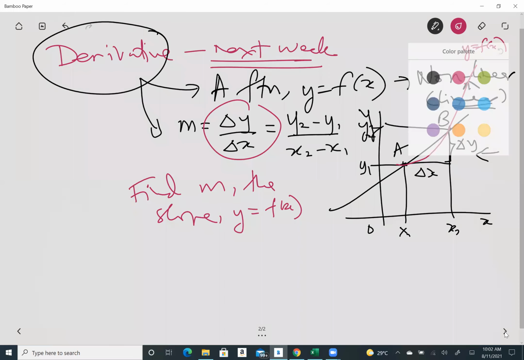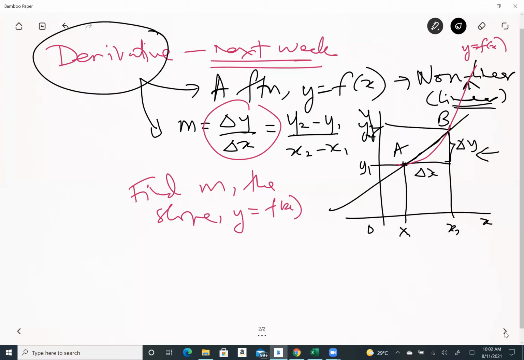If I use delta y over delta x, I get that slope, which is m. What I get will be the slope of the straight line AB.